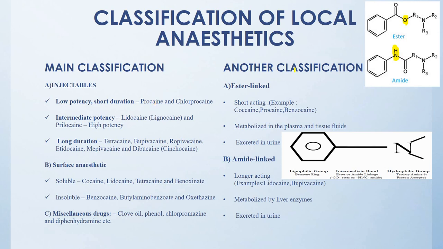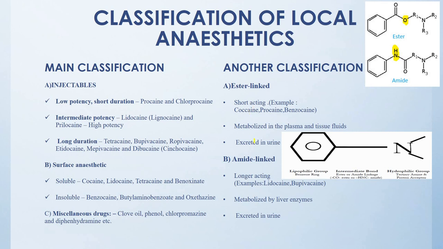Next, coming to this classification, here you can see that it is classified on the basis of chemical structure. Above you can see for ester there is this O group and for amide you can see the NH group. So the further classification of local anesthetics has been done into the ester group and amide group. Ester is short acting, metabolized in plasma and tissue fluids and excreted in urine.